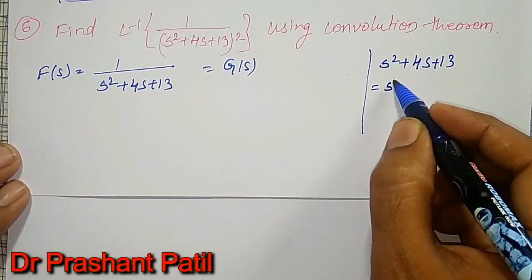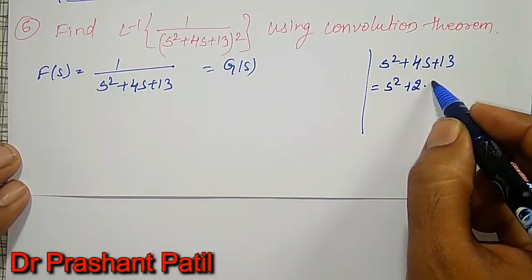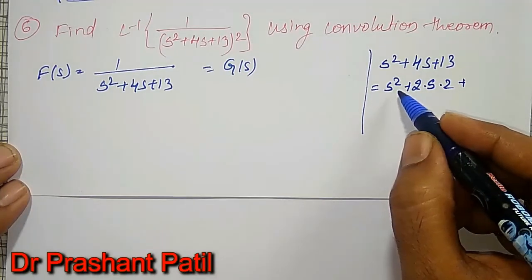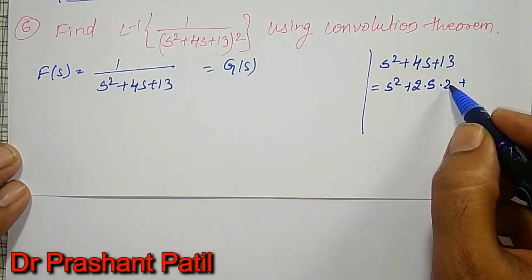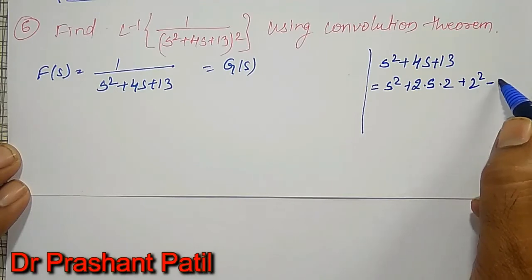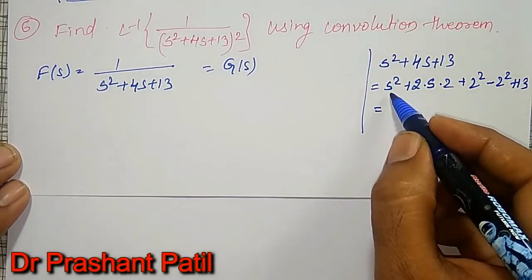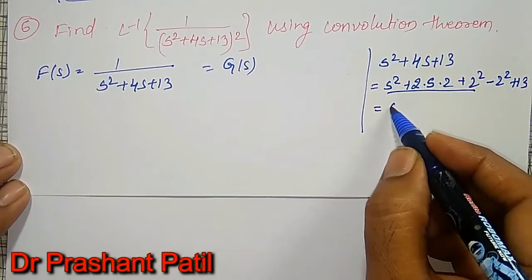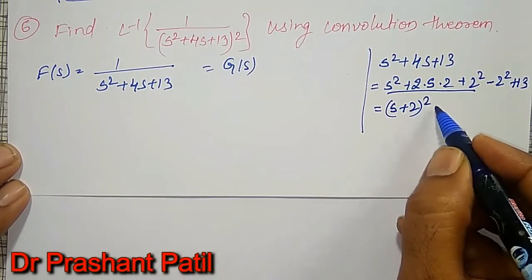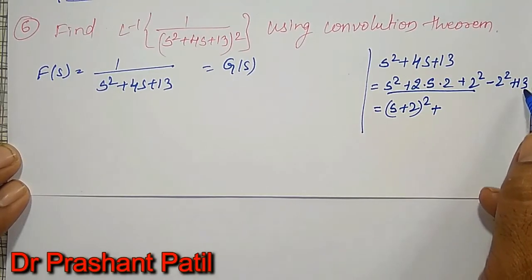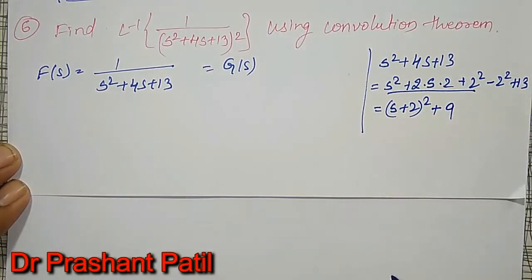I can write it as s square plus 2 into s into 2 plus, a square plus 2ab, b is 2 square, adding and subtracting 2 square, plus 13 as it is. Now I can write the first three terms as s plus 2 the whole square, minus 2 square is minus 4, plus 13 will become 9.